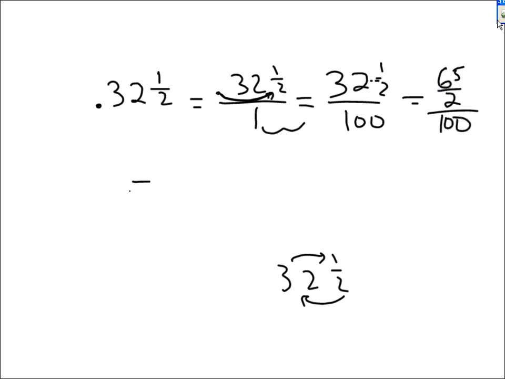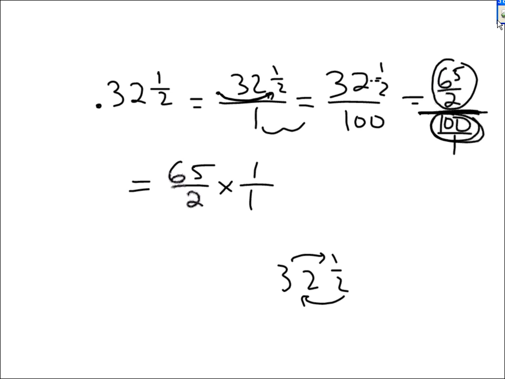And the rule for division, if one or both of those numbers is a fraction, in our case one of them is, you keep the top number, you change the division to multiplication, and you flip over the bottom number. The bottom number is really 100 over 1. When I flip it over, I get this.